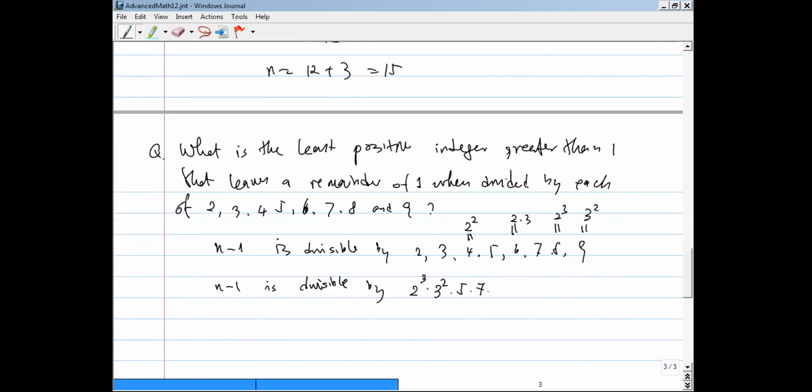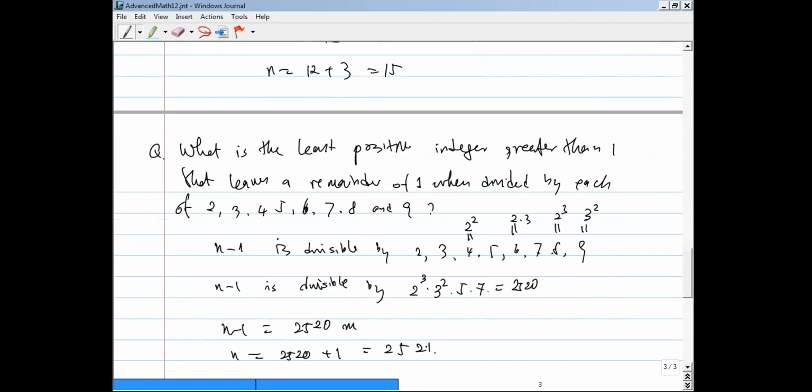The product of these numbers is going to be 2,520. So n minus 1 should always be a multiple of 2,520, and the smallest number is going to be 2,521.